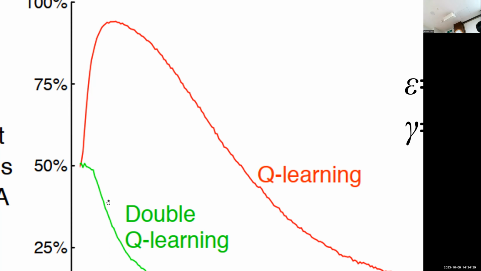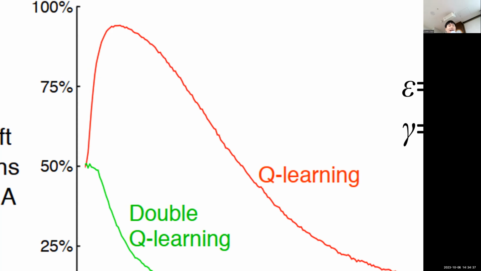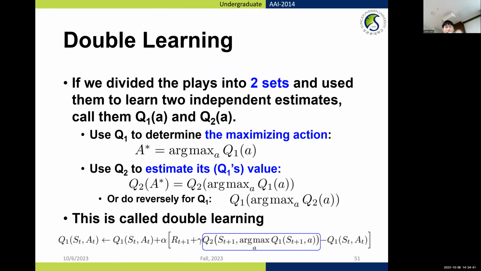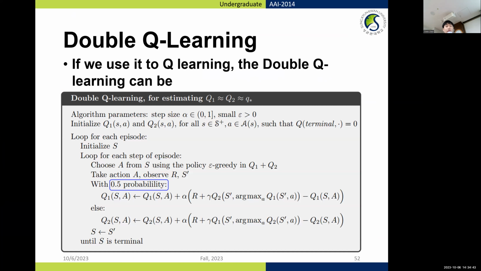But once it realizes that the action is not good, then the probability decreases quickly, instead of selecting those left actions. This is double Q-learning, and it has been used a lot in different problems because practically it has good performance to avoid different kinds of issues.